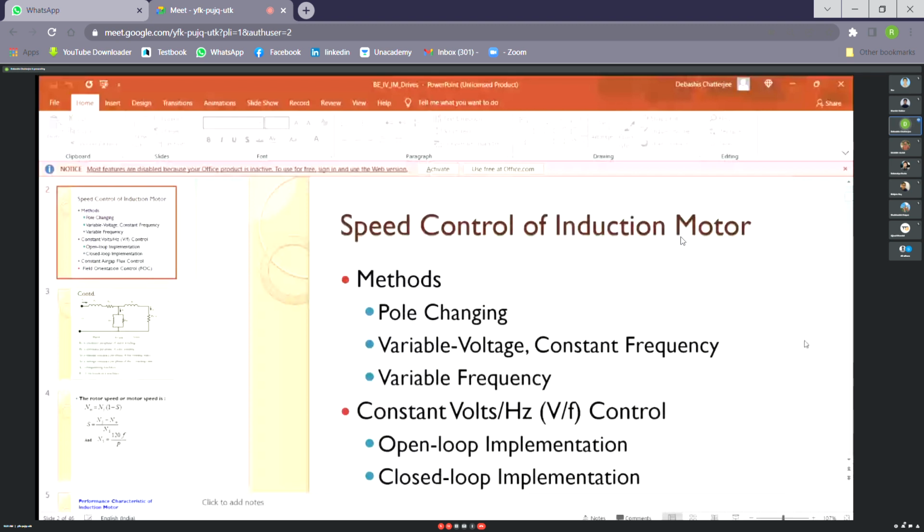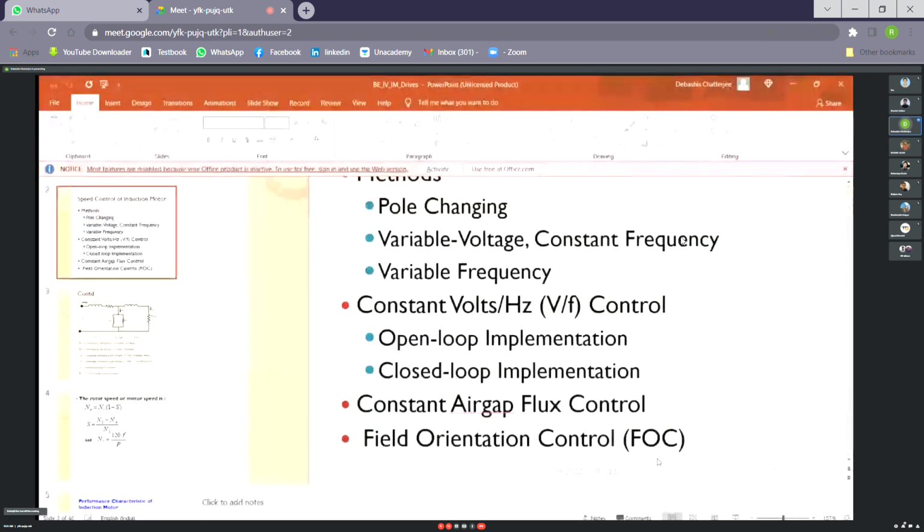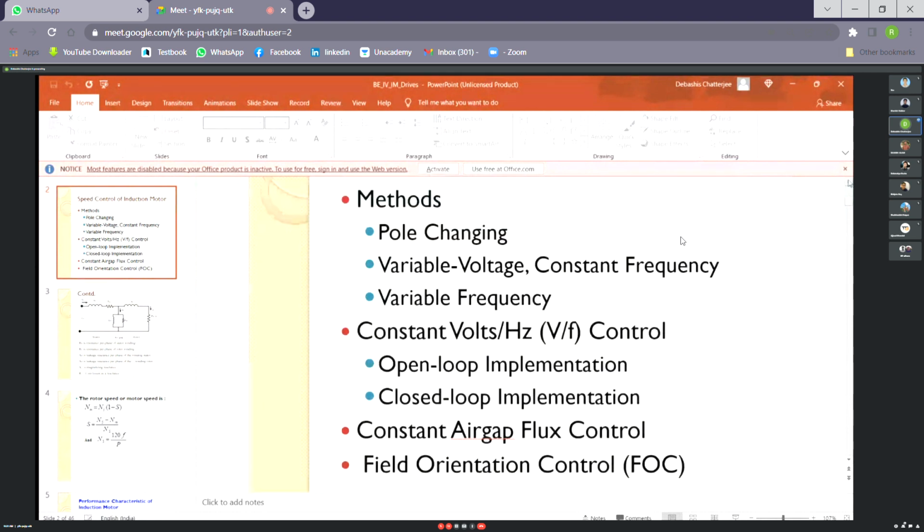And then there can be other methods like constant air gap flux control and field orientation control.